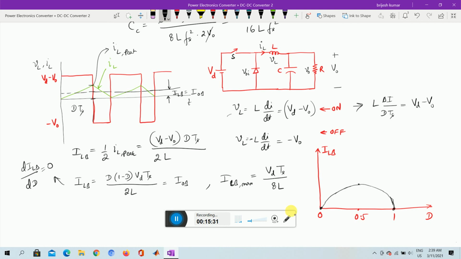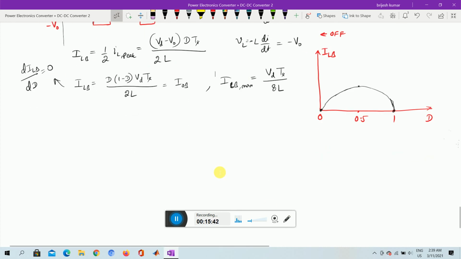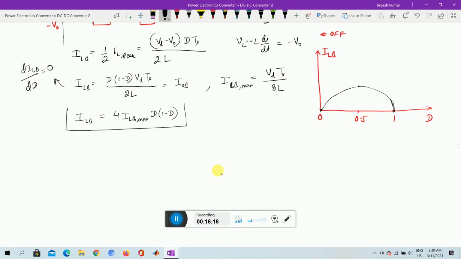So can we write this as, substituting this value, in terms of ILB max we can write ILB is equal to 4 ILB max into D into 1 minus D. So like this we can have the expression of ILB, and this expression is meant for when supply voltage Vd is constant.